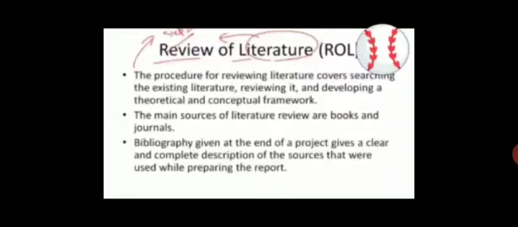The procedure for reviewing literature covers searching the existing literature, reviewing it, and developing a theoretical and conceptual framework. So when you are reviewing the literature, you have to search the existing literature, review it, and develop a theoretical and conceptual framework. You have to see that the existing literature has a gap, and that gap your study would fulfill.